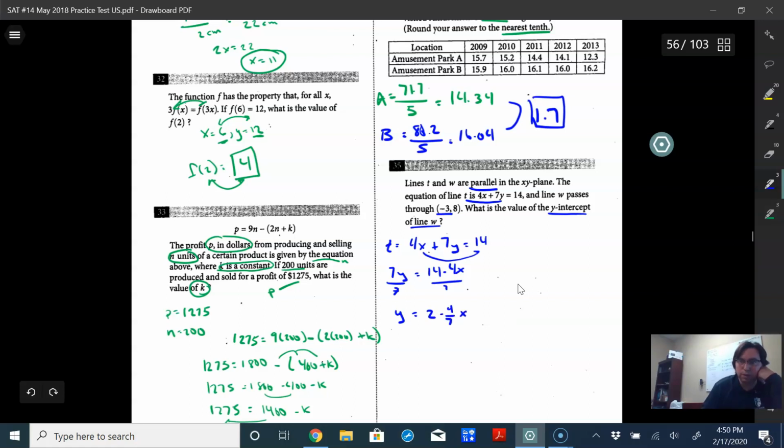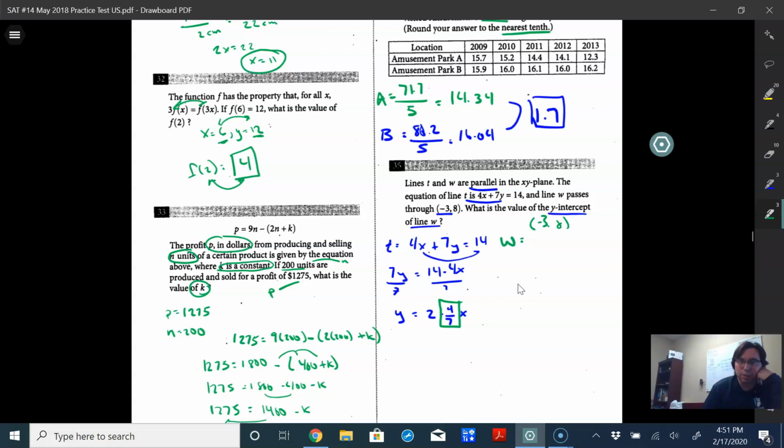So our slope here for T is negative 4 over 7. All right, so there's the slope. So we're going to apply that to the other one, to W. W, remember, has this point, negative 3, 8. So that's the same thing as our x and y values there. So we can rewrite this equation.